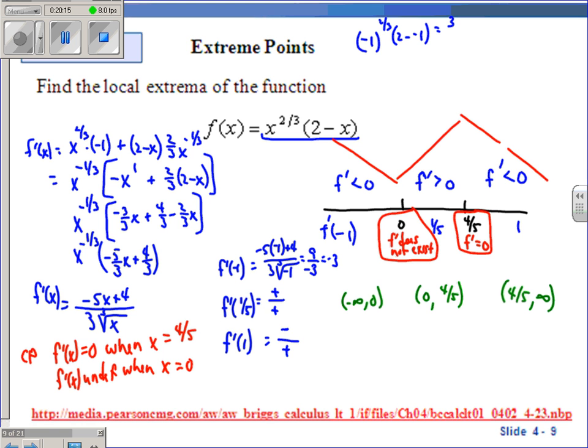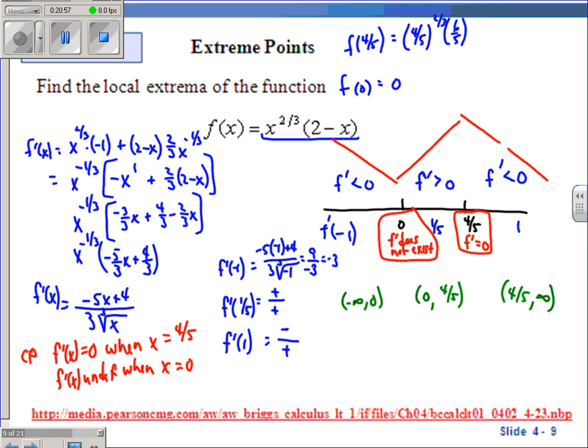But I need to make sure those are actually points at those places. 0 is a valid element in the domain. If I put 0 in, so f of 0, I don't care about the -1 up there, f of 0 will be 0 times something else, so it's going to be 0. F of 4/5, I really don't even care what that number is unless they ask me specifically for that value, but if I put in 4/5 to the 2/3, and then 2 minus 4/5, so it's going to be 6/5.